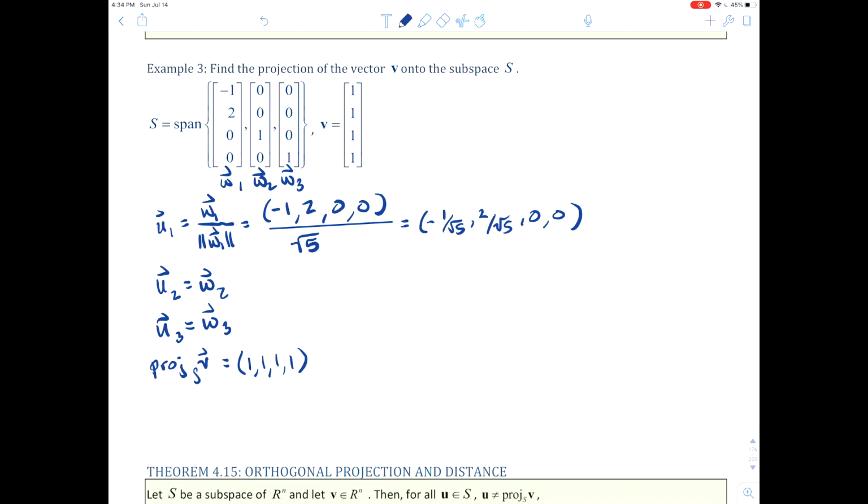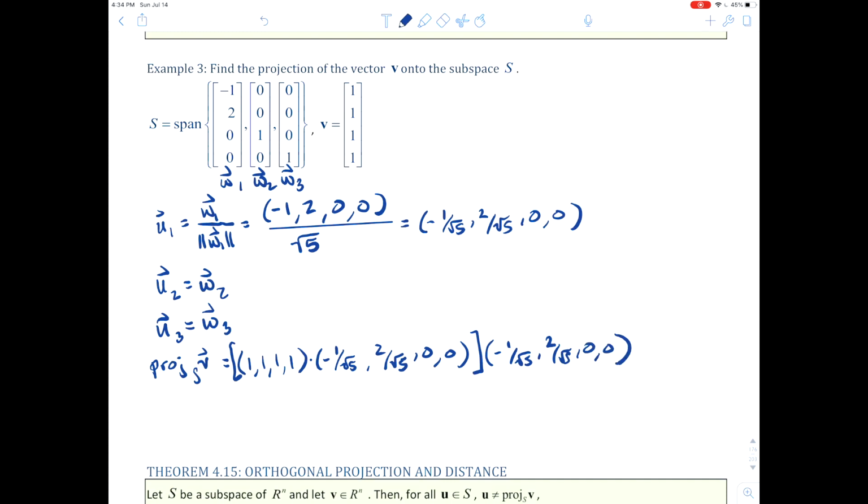So V dot U1 times U1. So we'll have -1 over root 5, 2 over root 5, 0, and 0, and then times -1 over root 5, 2 over root 5, 0, and 0.